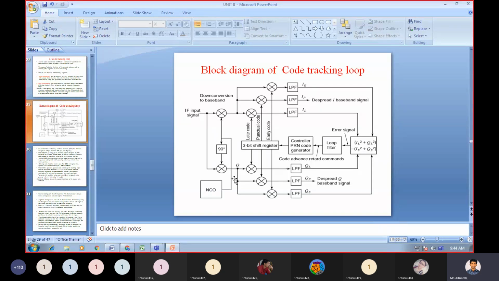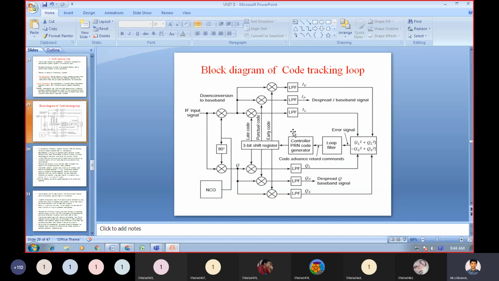It will generate the multiplication of the two input signals, which should be connected to multipliers 2, 3 and 4. The second multiplier requires the late code as its second input, the third multiplier the punctual code, and the fourth multiplier the early code.